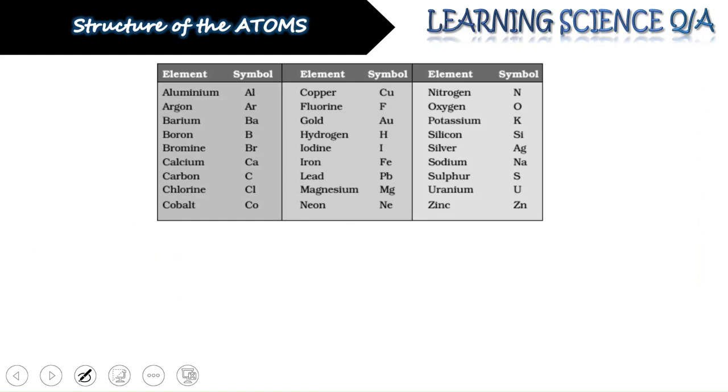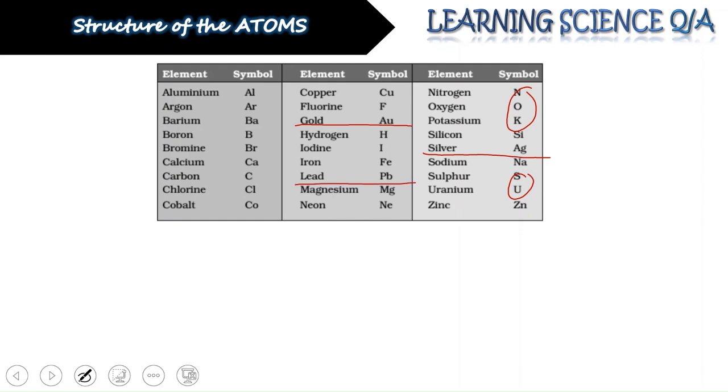If it has only one letter, then the symbol is a capital letter. And if it comprises two letters, then the first one is uppercase, the second one is always and always lowercase.